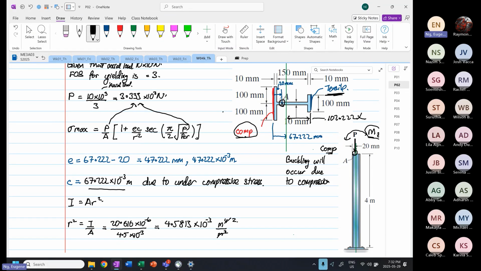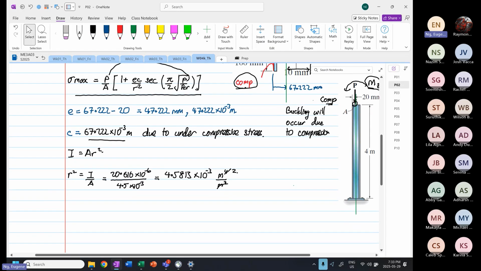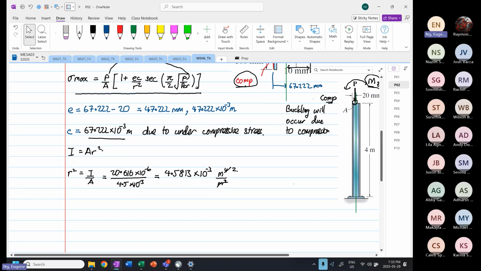Okay. So now we have to calculate this entire term over here. From here, we have to break this up. So I'm going to calculate P over A first.